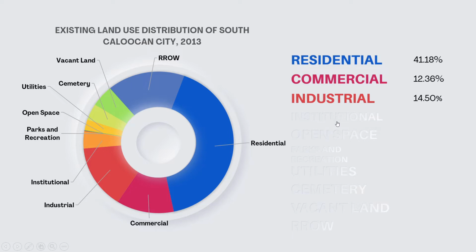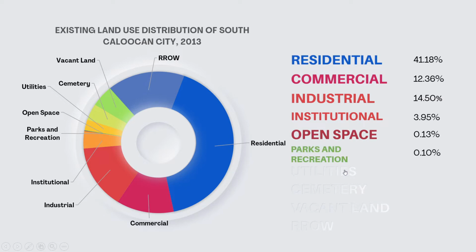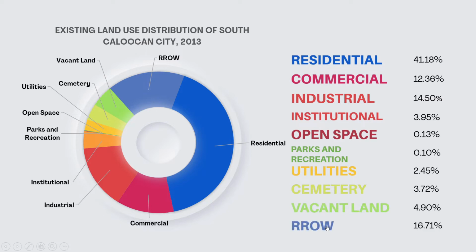Under the category of commercial are 7-Eleven, Metrobank, SM Sangandaan, Ministop, and BDO that are not that far away from UE campus. Institutional has 3.95% and it refers to the present institutions near the site.